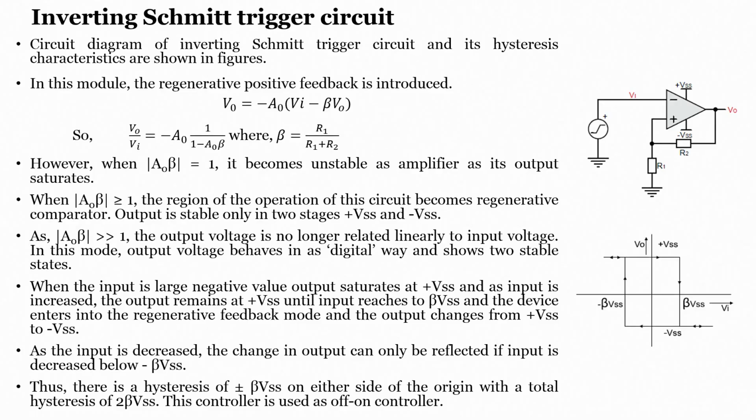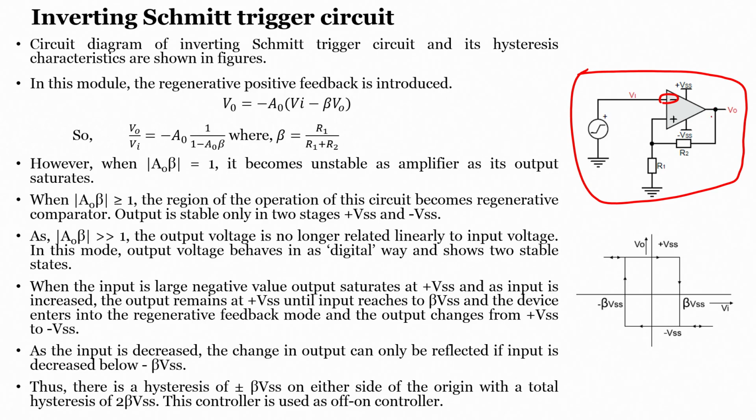When we look into the slide, as we have seen in the class, this is an inverting type of Schmitt trigger. I hope by this time you have understood why it is called the inverting type of Schmitt trigger. The reason is that the input is directly connected to the negative terminal of your op amp.